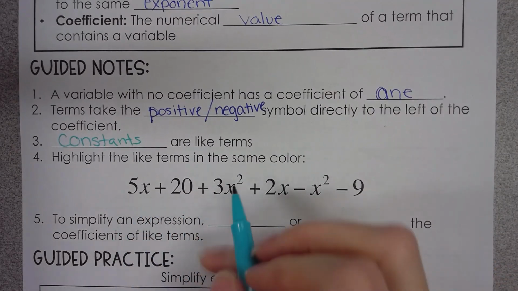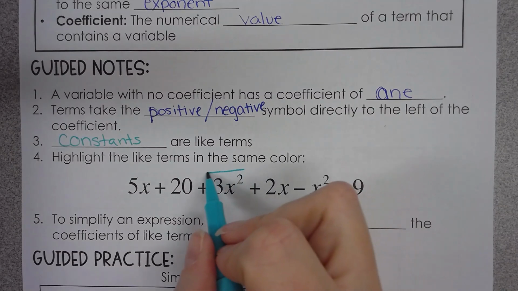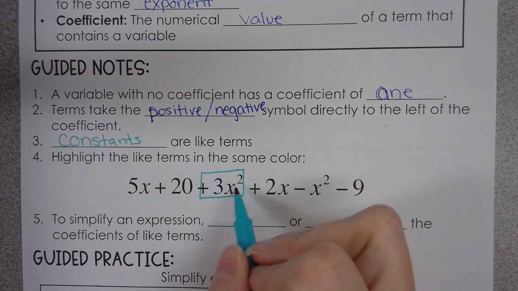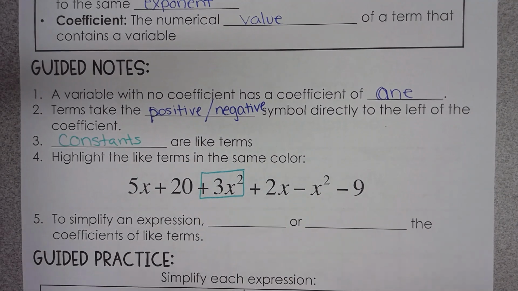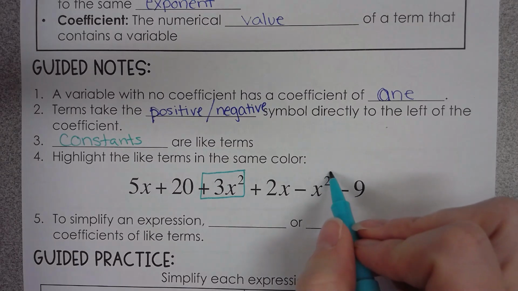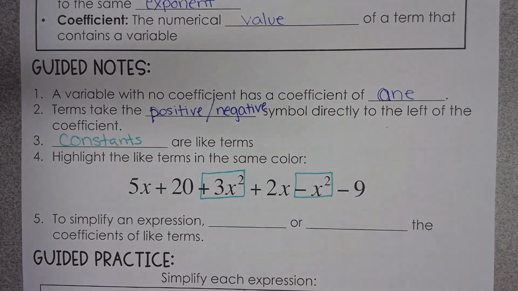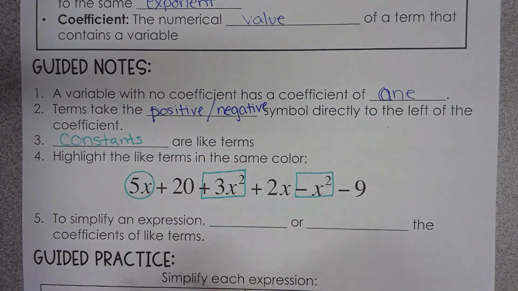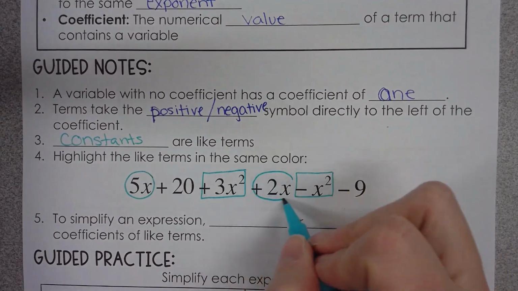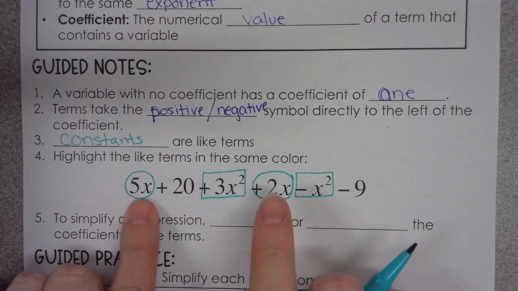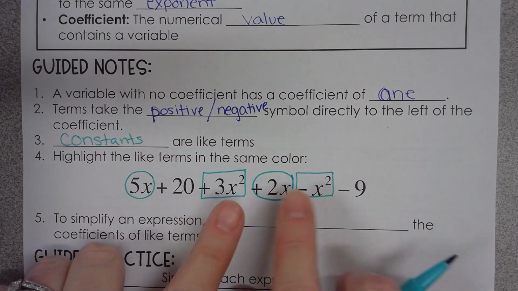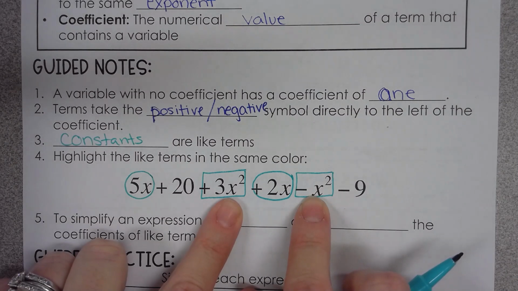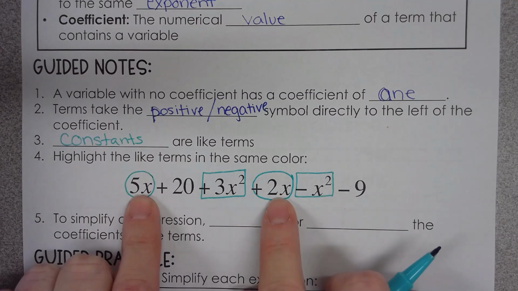I'm looking at 3x squared. I'm going to include the plus sign because it's positive 3x squared. It is the same, or like term, as negative x squared. 5x is a like term with positive 2x. 5x and 2x are not like terms with 3x squared or negative x squared because 5x and 2x do not have the exponent.